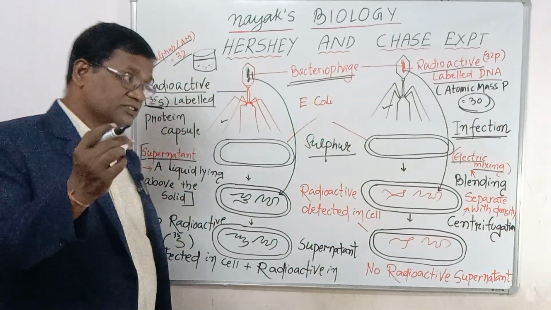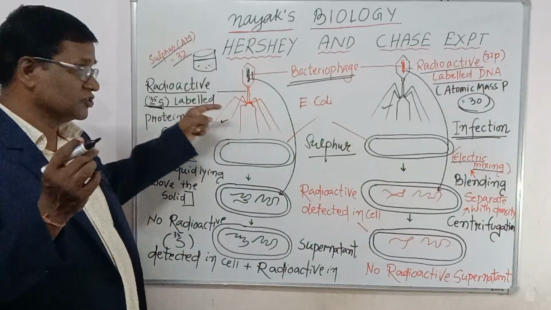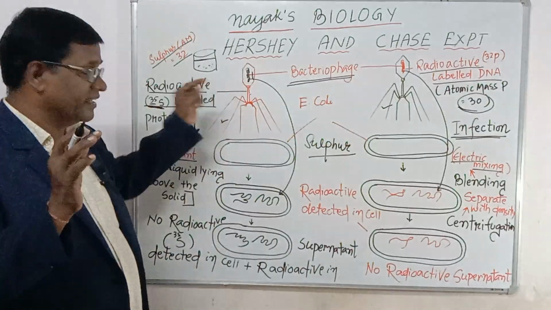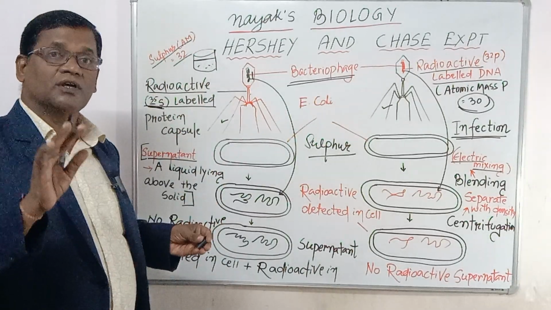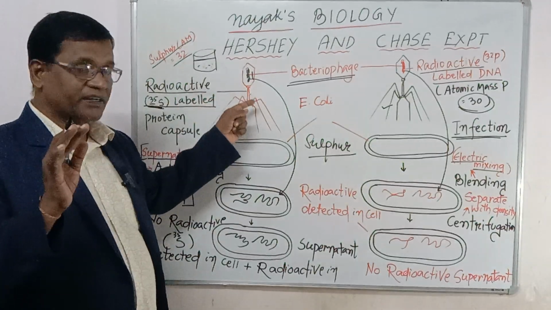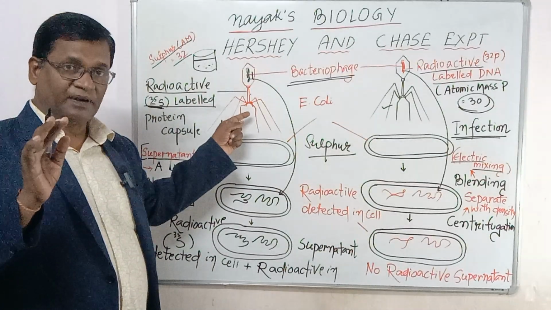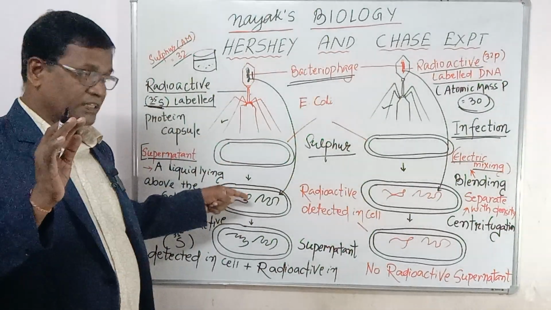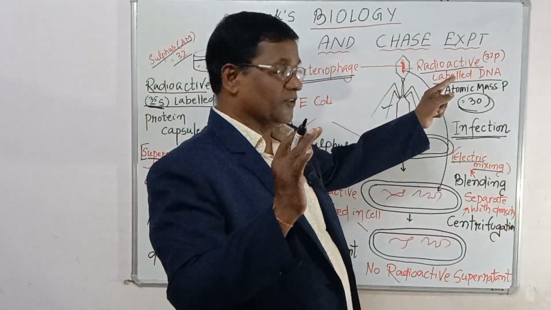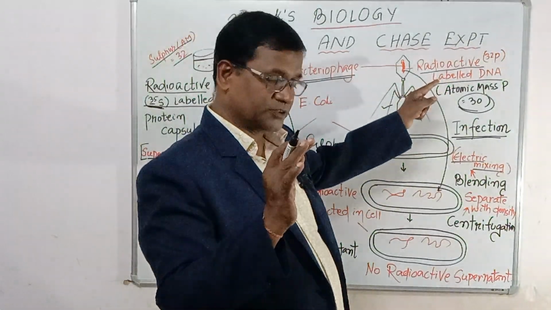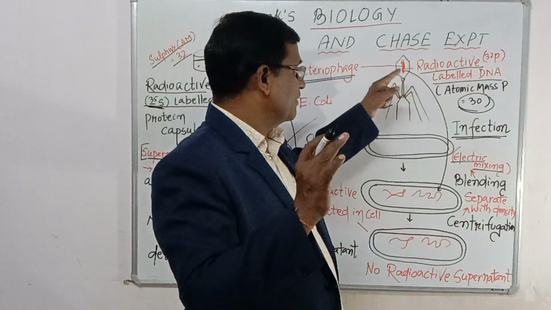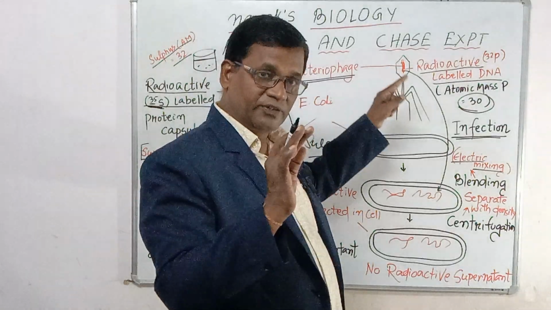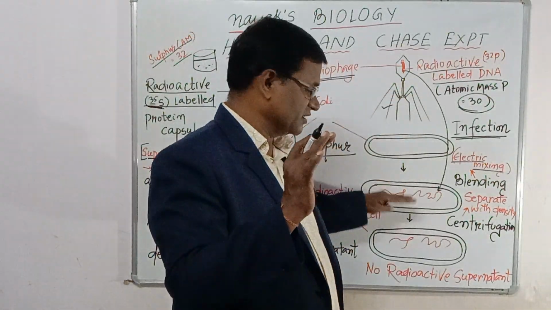The bacteriophage with sulfur label does not affect the DNA, because sulfur is part of protein, and only the protein part of the bacteriophage is labelled, which is not transmitted to the bacteria. Here, the phosphorus is radioactive, and DNA is made up of phosphorus. That's why the DNA becomes radioactive and is transmitted to the cell.